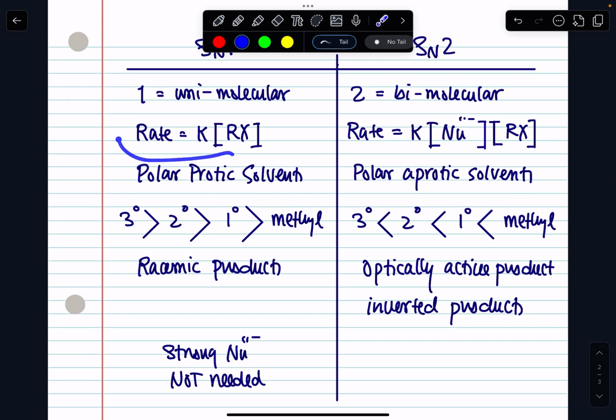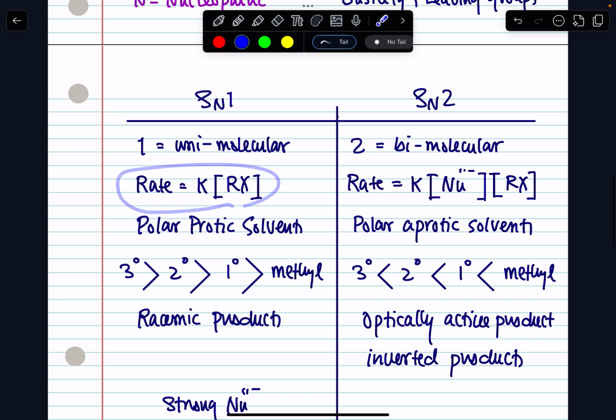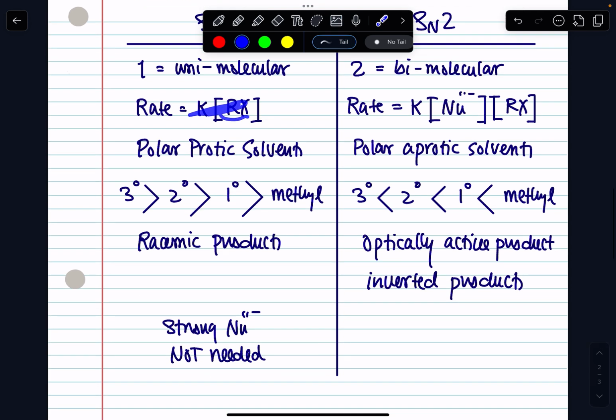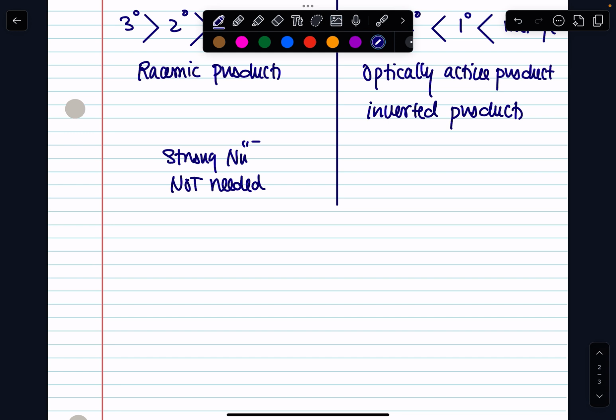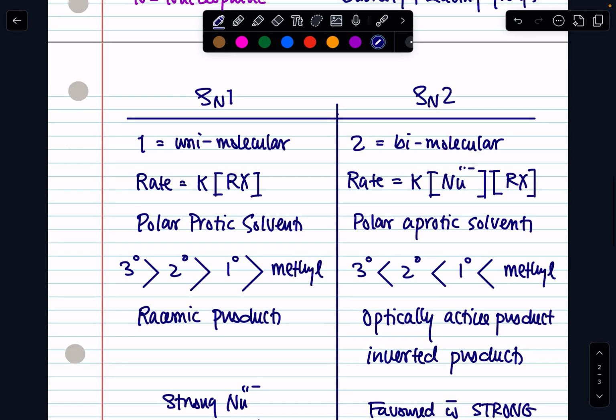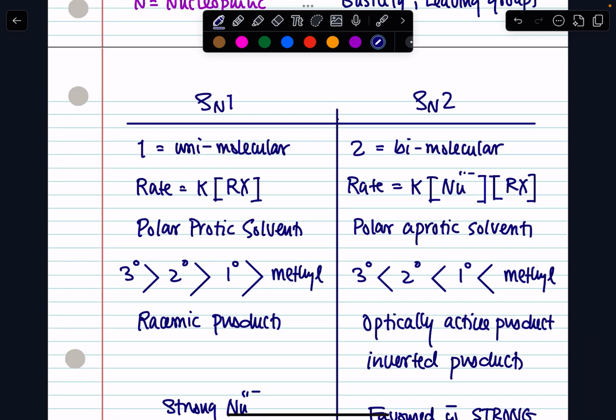In the rate law of SN1, you don't have the nucleophile, so its concentration is irrelevant. You can have high concentration or strong or weak nucleophiles, and it would not make a difference. For SN2, it is favored with strong nucleophiles. All right, so those are some of the basic differences between SN1 and SN2.